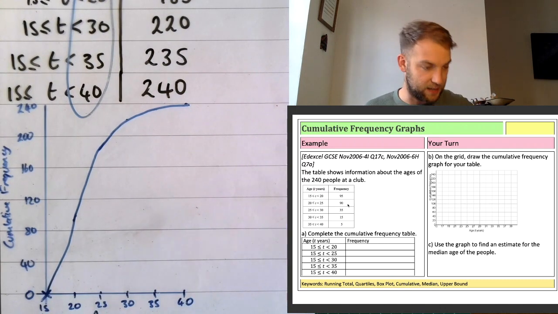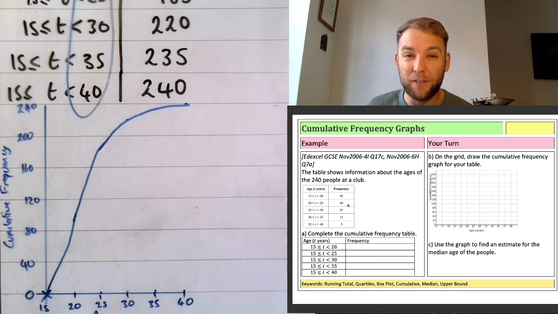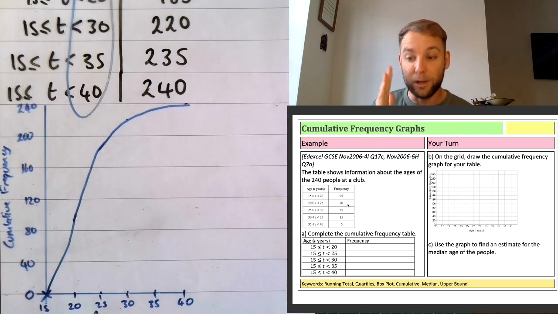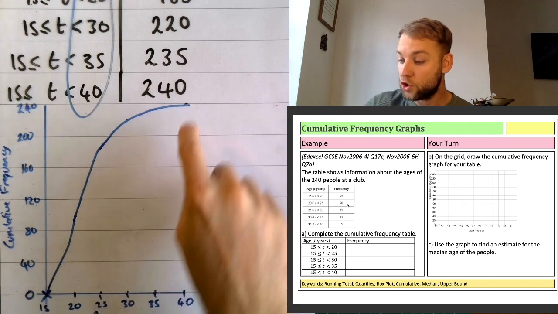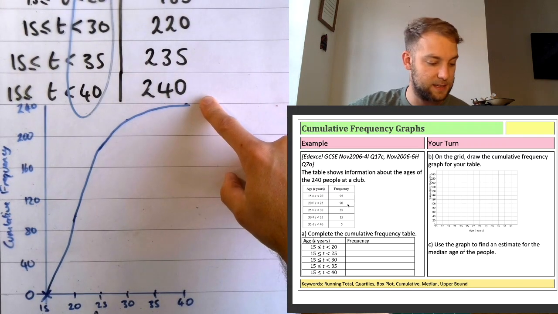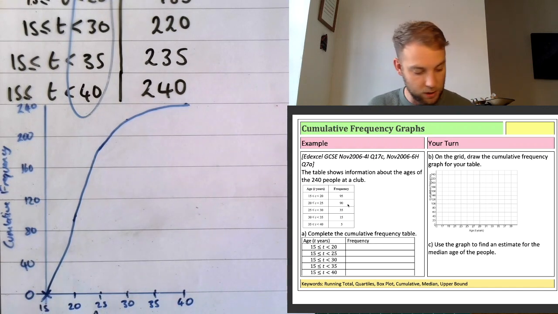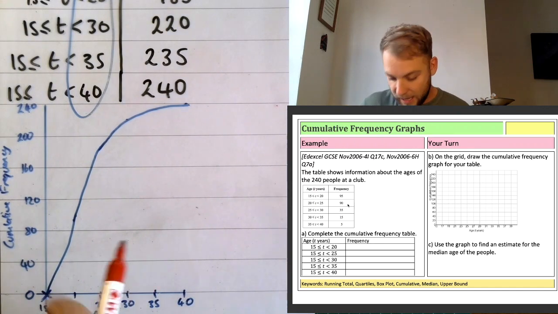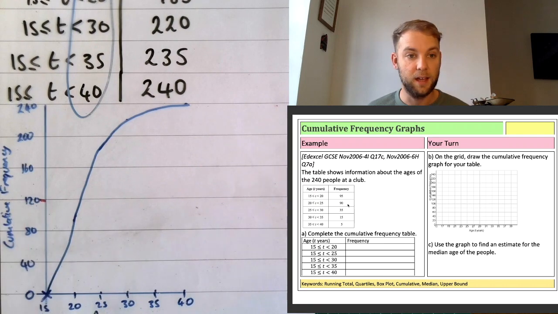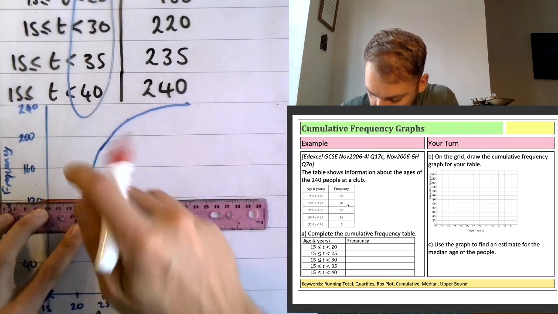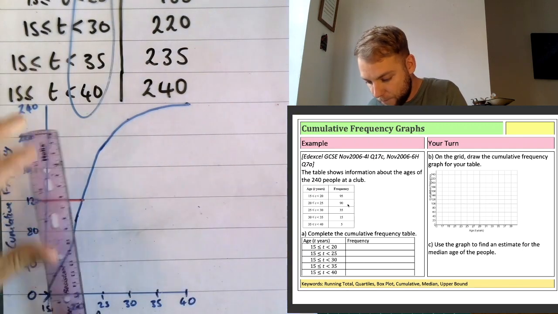The next part says to estimate the median. Now, hey diddle diddle, the median's in the middle, so we're trying to find the age of the middle person. Now remember, there's 240 people in this, so the middle person is going to be the 120th person. So the way I do this is I have 120 over here, and I've got to use a ruler to go across and down like so.